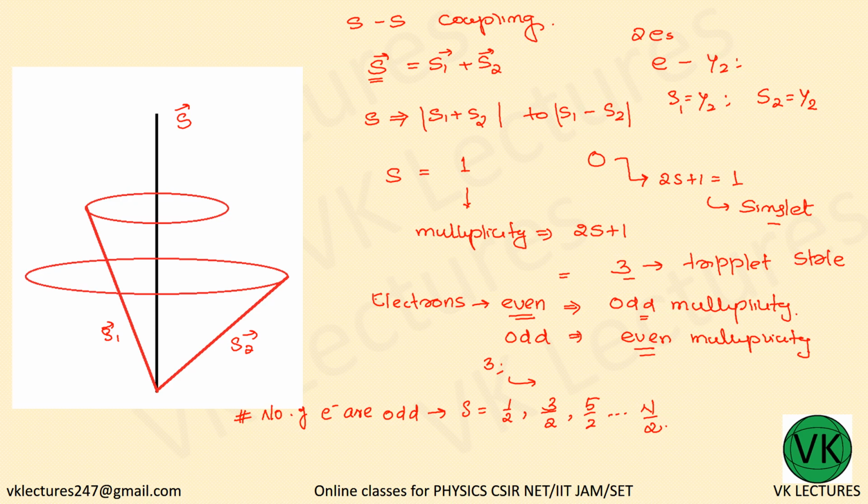Now if the number of electrons is even, then spin will go in this way: 0, 1, 2, 3, etc., up to n by 2.